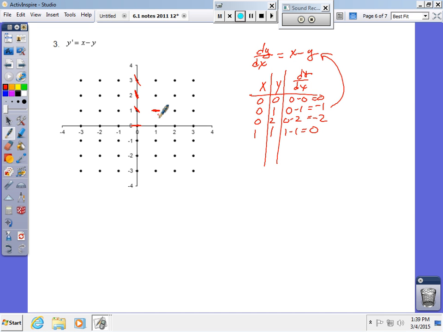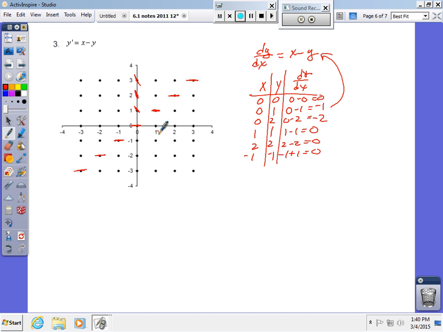Hopefully you make the quick connection: whenever the x value is the same as the y value, for this particular differential equation, like (2, 2), my slope is going to be 0. So that's going to be 0. (3, 3) is going to be 0. What happens if I do (-1, -1)? I get -1 minus a -1, so it's 0. So all of these diagonals will be the same.